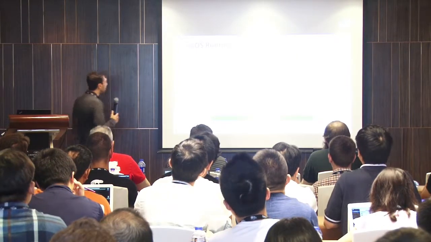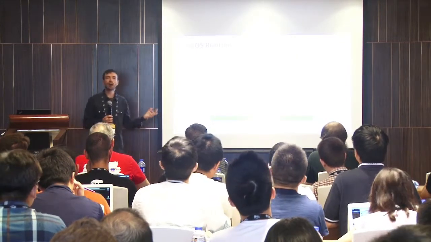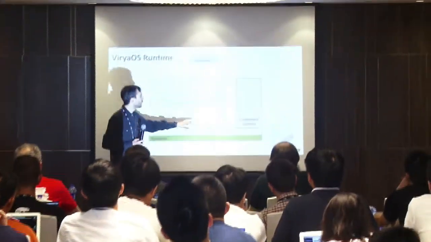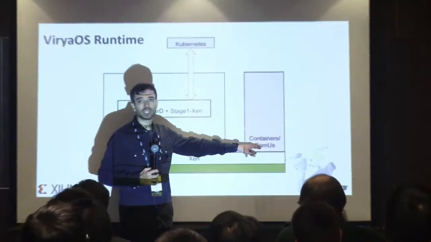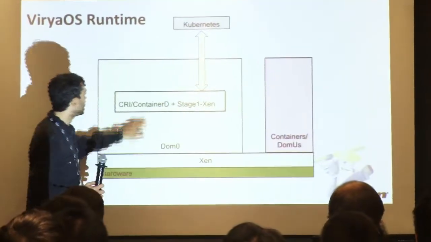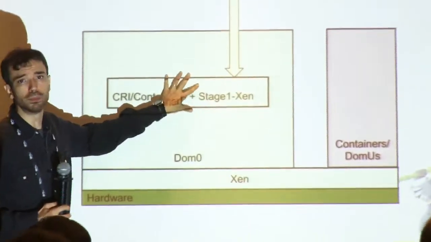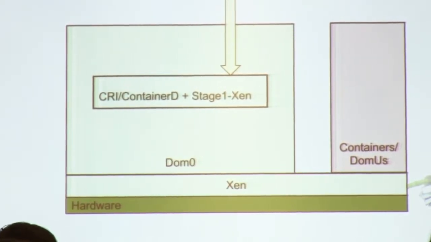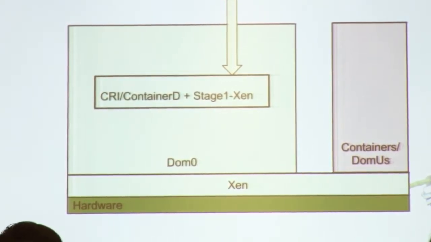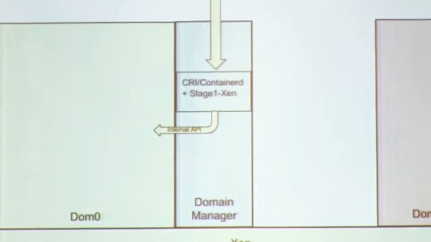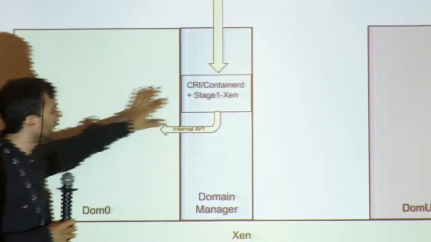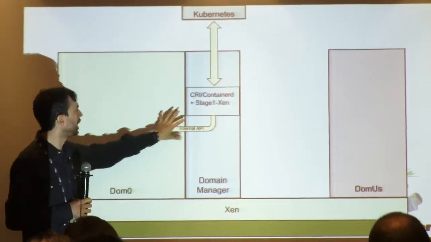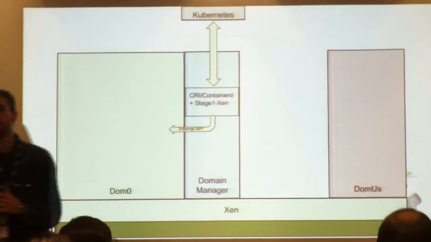Okay, so the very, very basic environment that we plan to enable is Dom0 on Xen with a bunch of containers run as VMs, and then the container VM state on Xen is in Dom0. Right? We should definitely be able to do this. But once we accomplish this, the next step is to move the container VM state on Xen to its own domain manager and take these components out of Dom0.